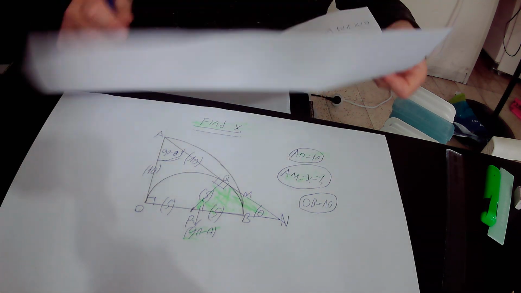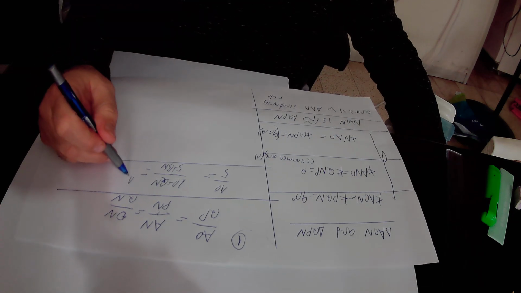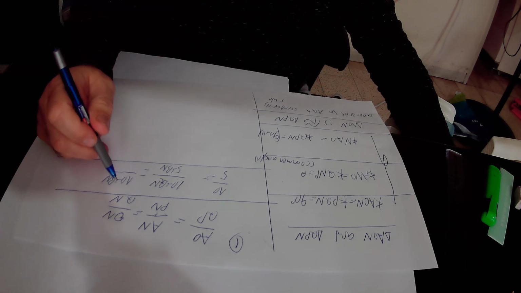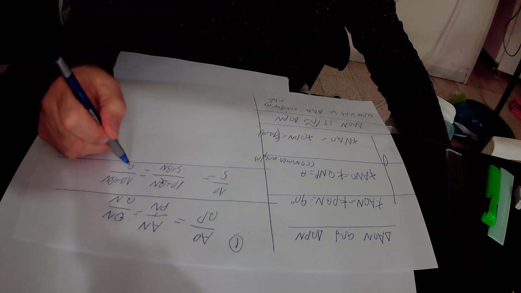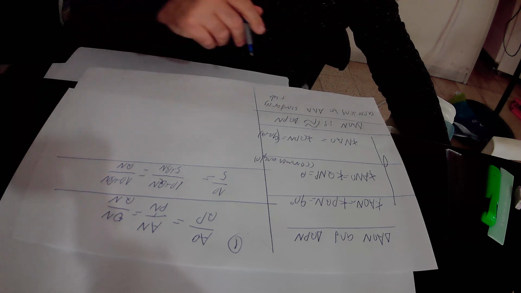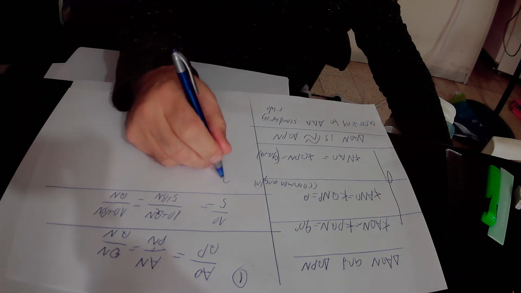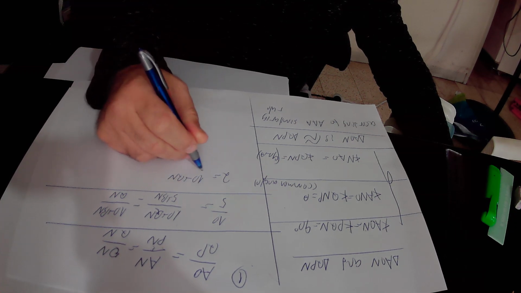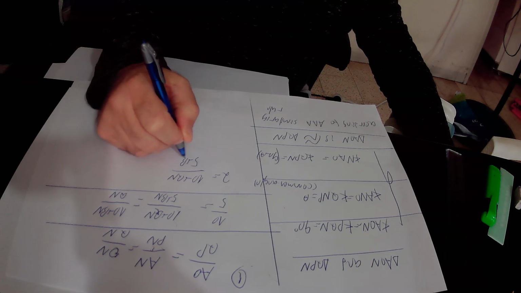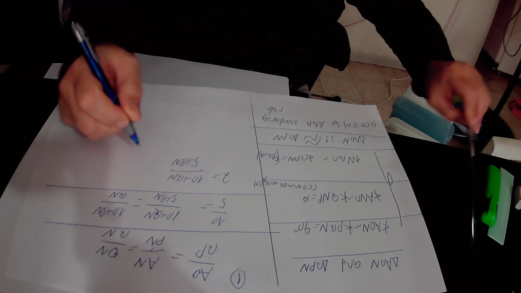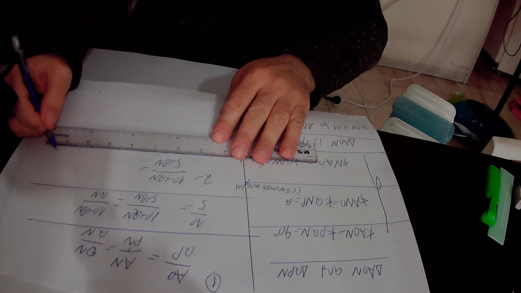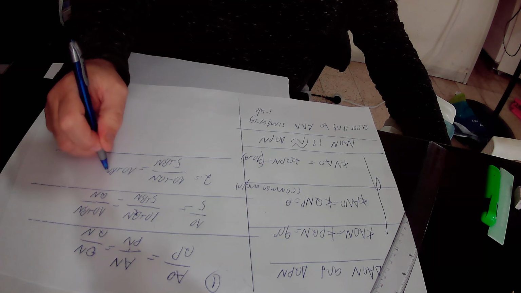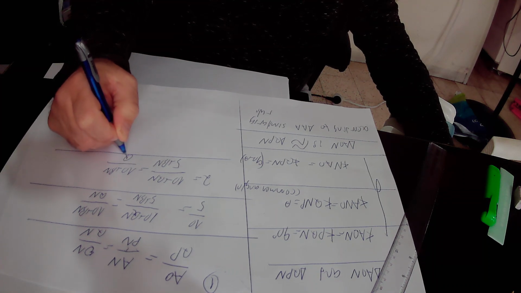Here ON equals 10 plus BN divided by QN. QN is the missing side, so we leave it as it is. Here 10 over 5 is 2, so 2 equals 10 plus QN over 5 plus BN, and it is also equal to 10 plus BN over QN.